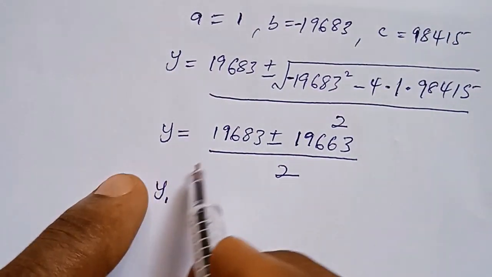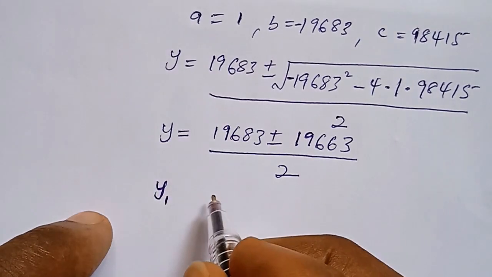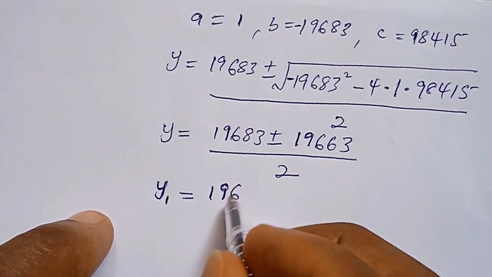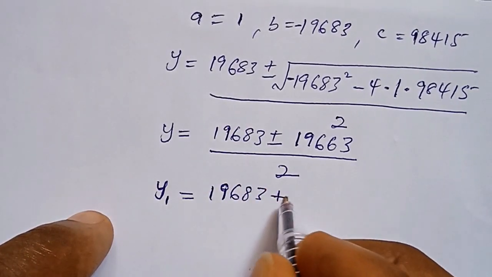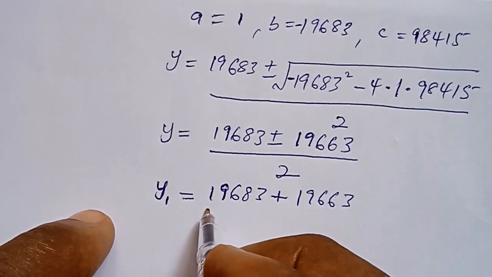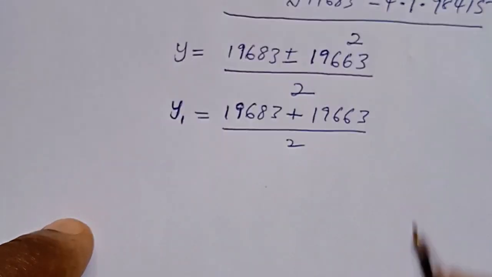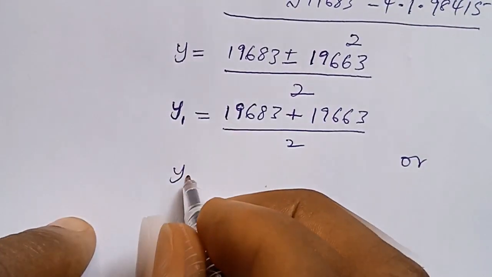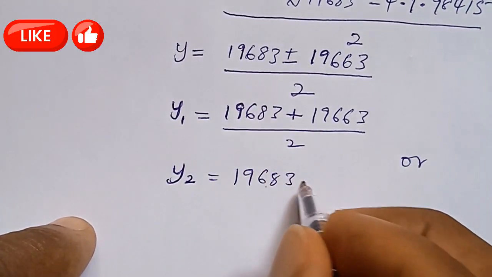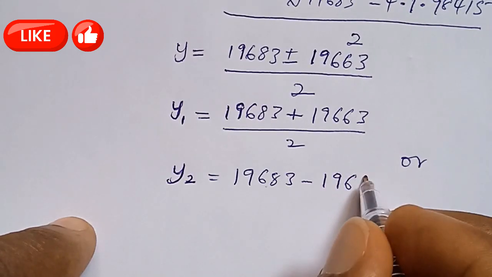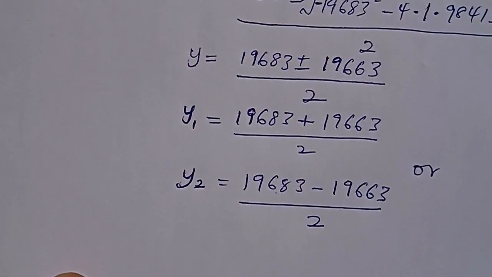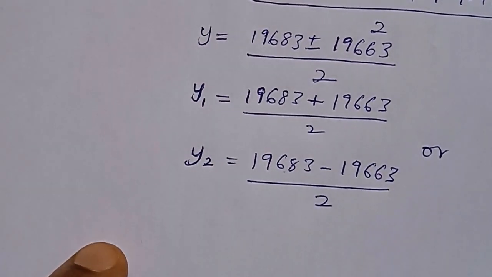Then we can say y can be given as y1 equals 19,683 plus 19,663 over 2, or y2 to be given as 19,683 minus 19,663 over 2. Okay, these are the two possible values of y.